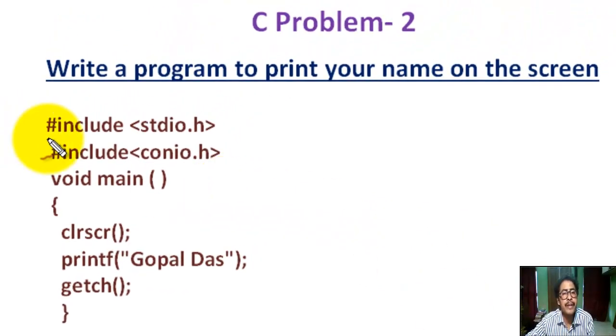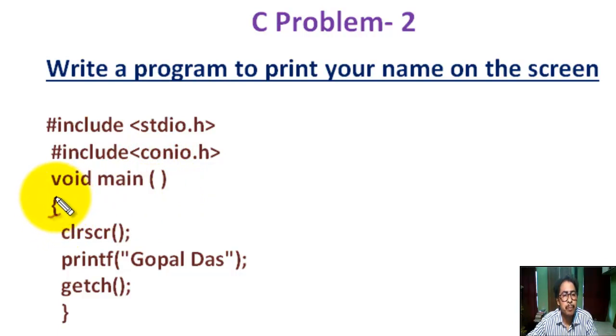Okay, so first we add the header file, hash in small letter, include stdio.h in this manner. Next, hash include conio.h. Next, void main, and this is the empty pair of parentheses.